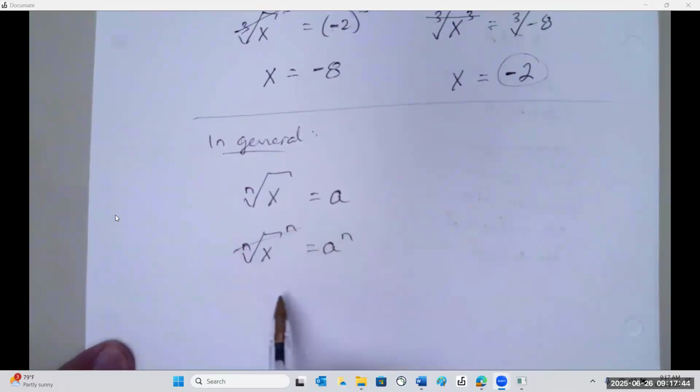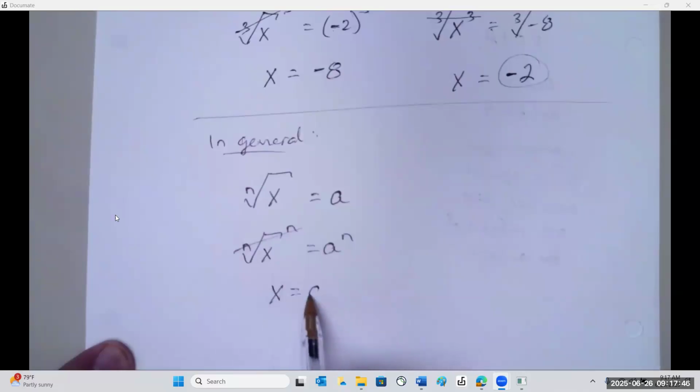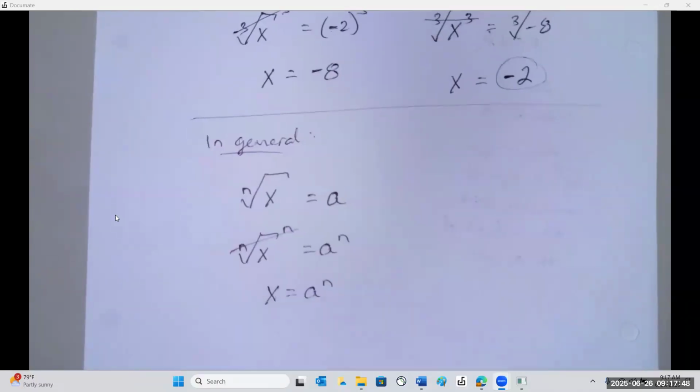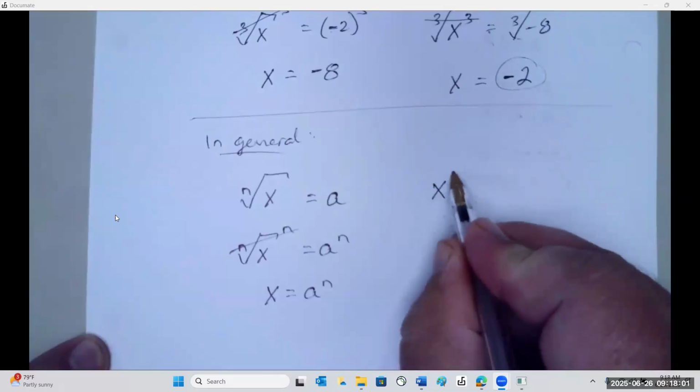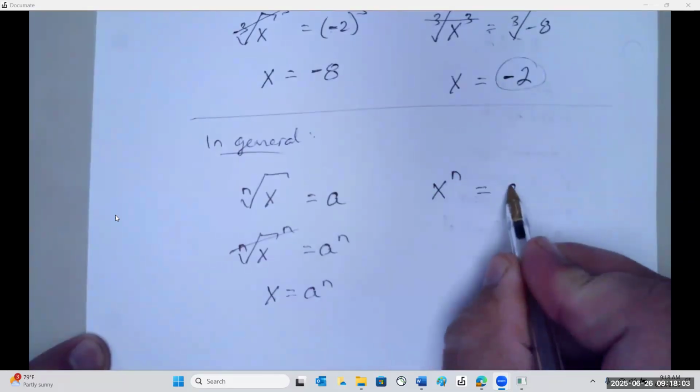And those cancel, so you have x equals a to the n. And the converse. This is just a general rule we haven't talked about yet.